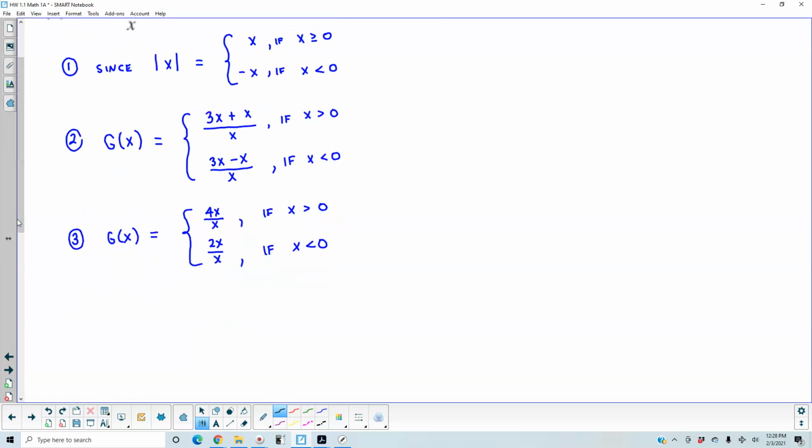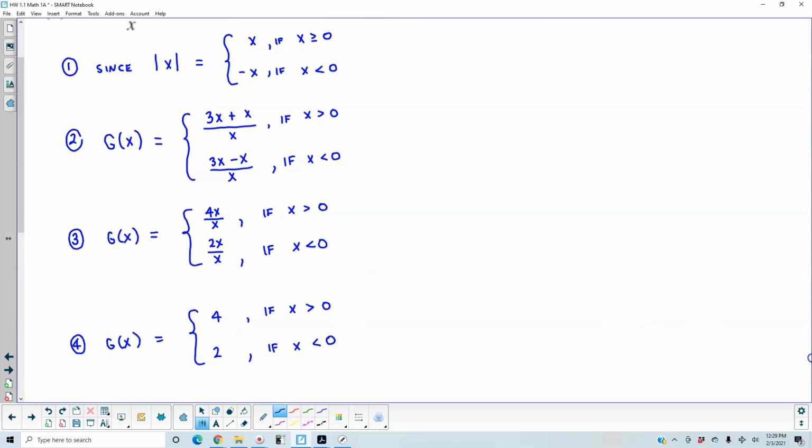So if we simplify it a little further, we have g of x is equal to 4 if x is greater than 0, and it's equal to 2 if x is less than 0.